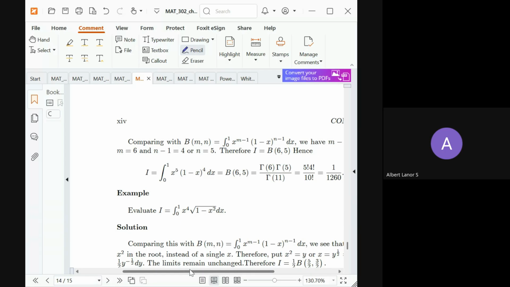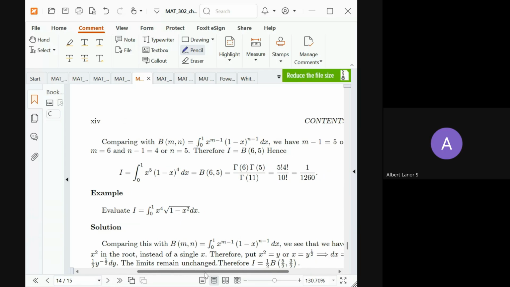So this is how it will look like. We're going to have beta of 6, 5, because you add 1 to each of them to get the m and the n. Then to get the beta, you have gamma 6, gamma 5 divided by the gamma of the sum. Now gamma 6 is 5 factorial, gamma 5 is 4 factorial, divided by 10 factorial. And then you can evaluate this on your calculator to get this important value.